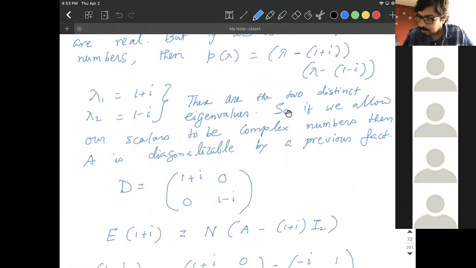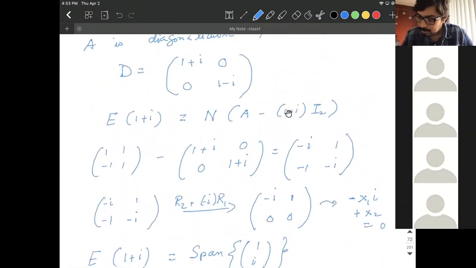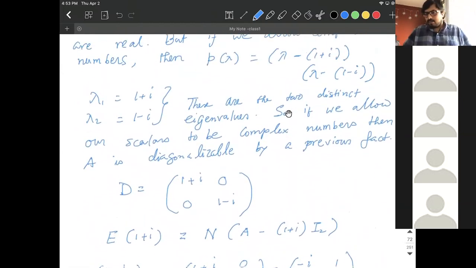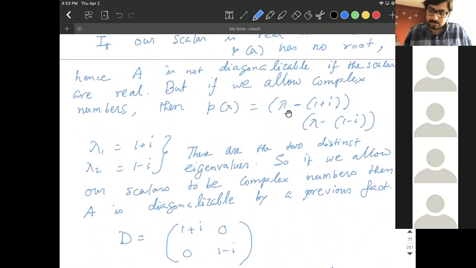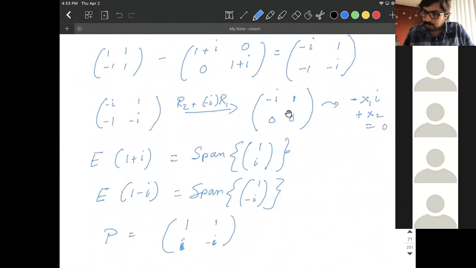Also, since we were talking about algebraic and geometric multiplicity, notice here that the algebraic multiplicity of each eigenvalue is 1. And also the geometric multiplicity is 1 because it's just given by the span of one vector.